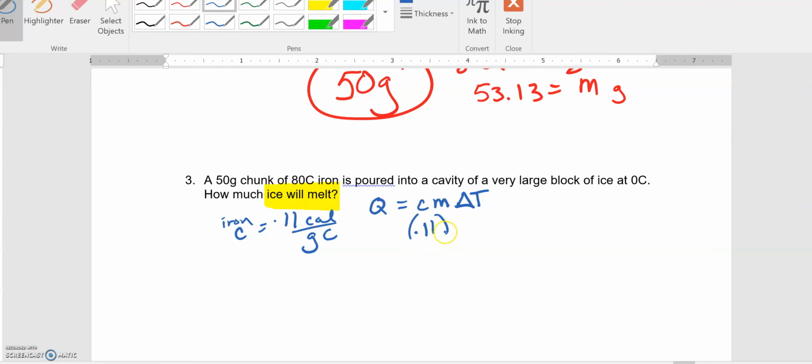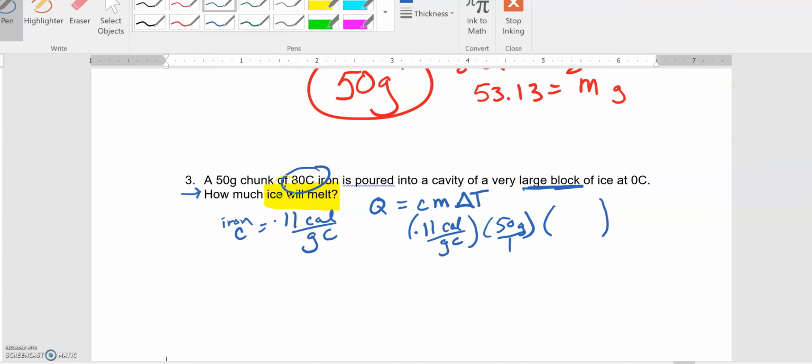So I'm going to take my specific heat. I forgot to put my labels in there. So this is calorie per gram degree Celsius times my mass, which is 50 grams, times, okay, now here, my delta T. My starting temperature is 80 degrees Celsius. It doesn't specifically tell me the final temperature, but I am assuming, and we'll figure this out in just a little bit, that the block of ice is large enough that the entire thing doesn't melt.